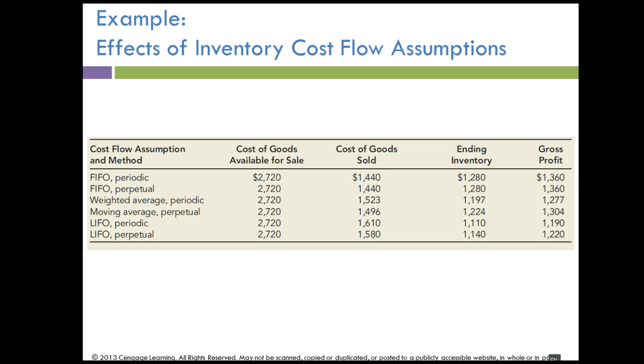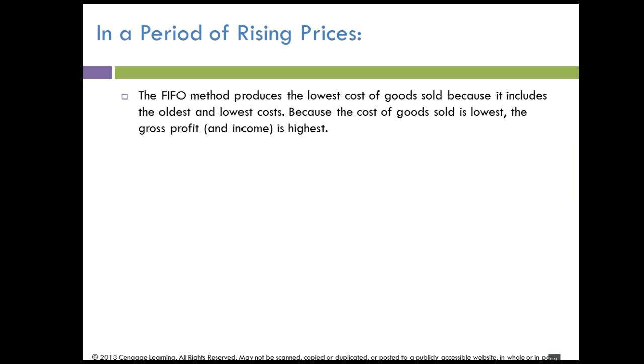So as you can see here, our FIFO method shows a higher gross profit. Our LIFO method is going to show a lower gross profit. And then our weighted averages are going to be somewhere in the middle of the two of them. So FIFO is going to show the lowest cost of goods sold when we're dealing with rising prices.